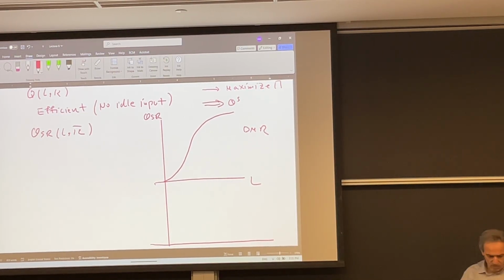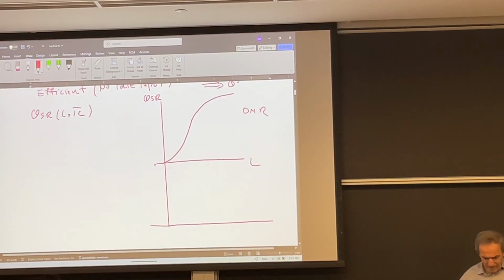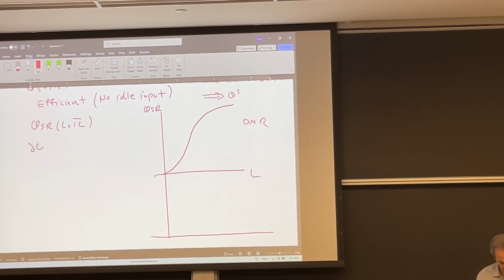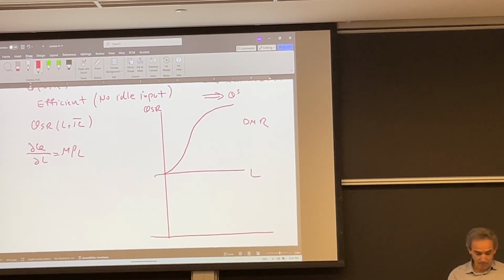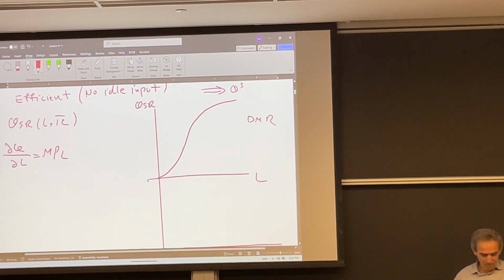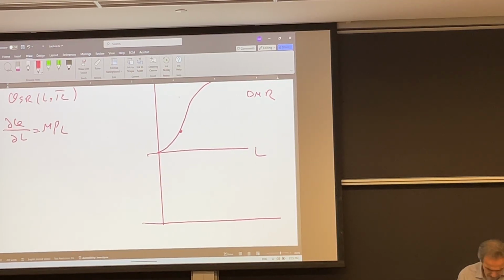DMR gives you that shape because of the slope of production, which is what we call MPL. That is how much the last unit of labor produces. Initially, it produces a lot because you have a lot of capital to work with, right? But at some point in time, that will saturate, DMR sets in, and then the MPL falls.